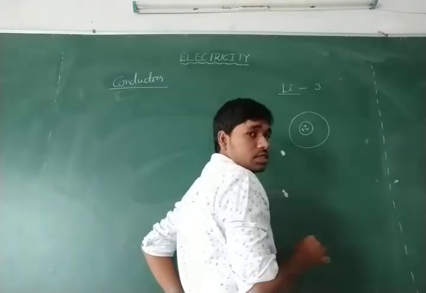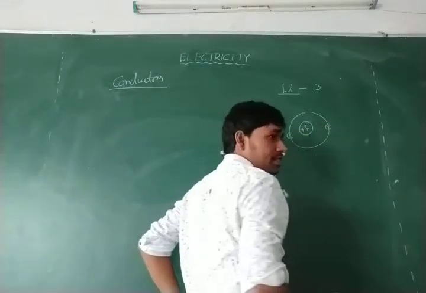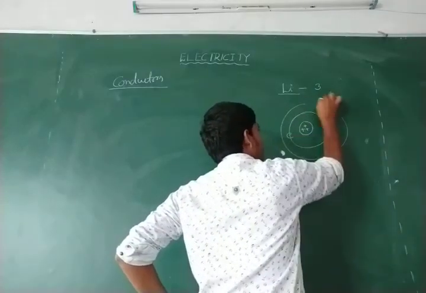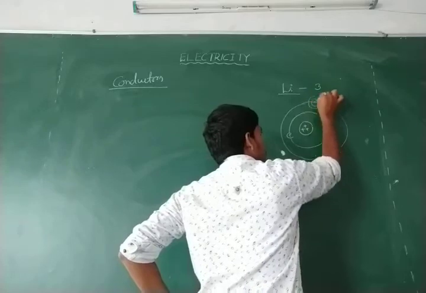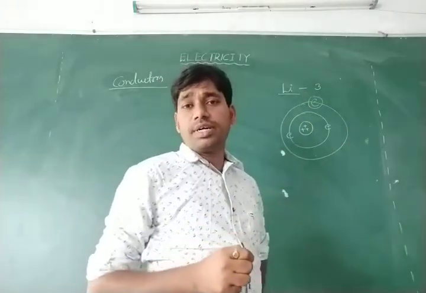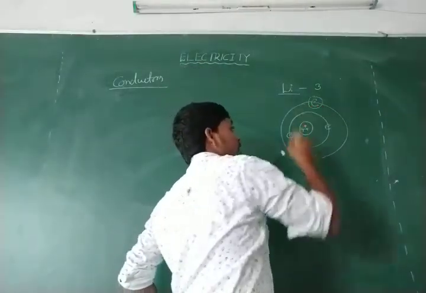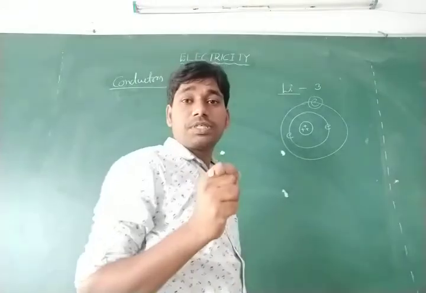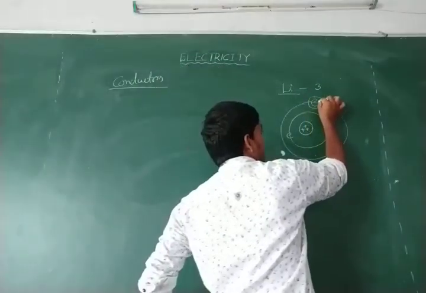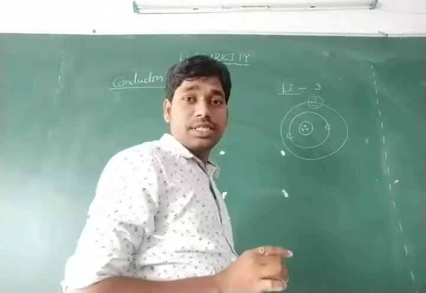Of these, 2 electrons are in the first orbit, and in the last orbit only 1 electron is present. This 1 electron is loosely bound to the atom, and it is called a free electron, present in the valence shell.